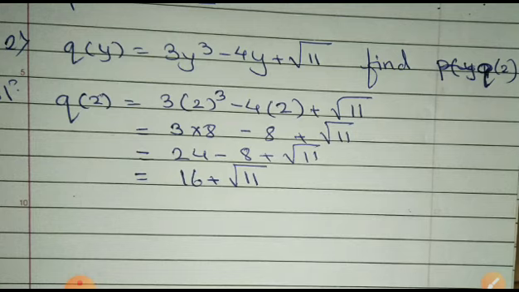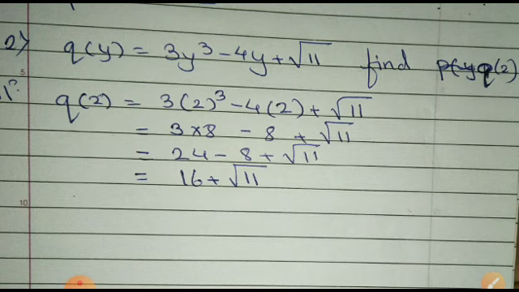So 2 cube is 8, so it is 3 into 8, that is 24. Then minus 4 into 2, it is minus 8, plus root 11. Add the like terms, 24 minus 8 are the like terms. If I simplify it, you will get 16.